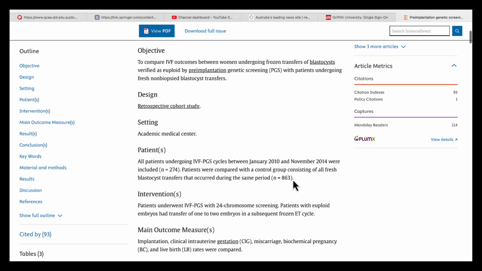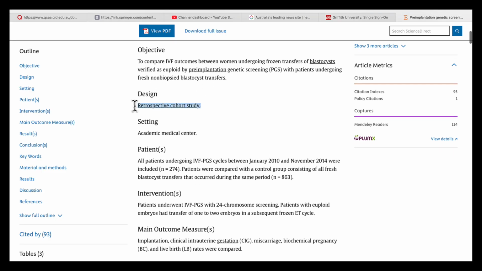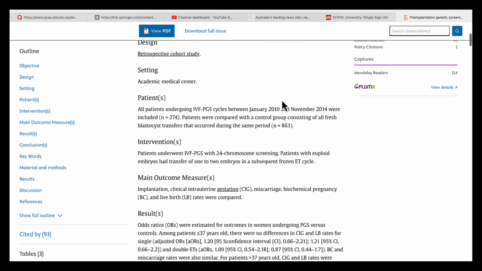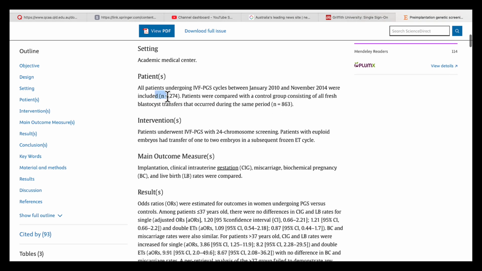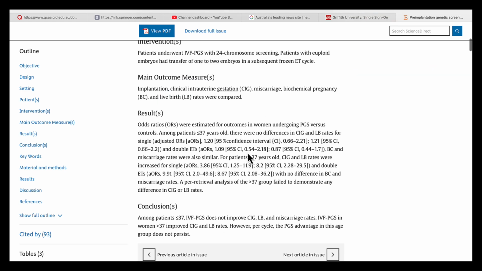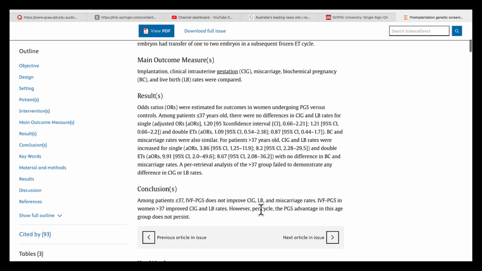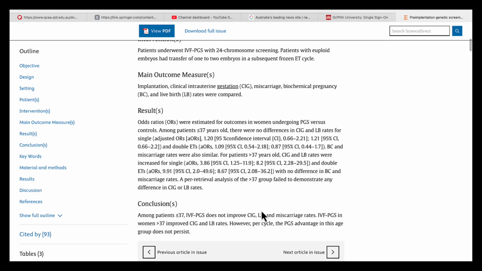Sometimes it's just a block, but it says that it was a retrospective study, comparing IVF outcomes, frozen embryo transfers, and it's talking about the number of patients. Okay, and also down here it makes a point of the age of the patients as well.